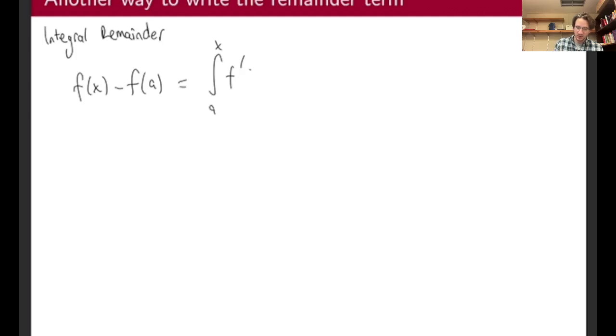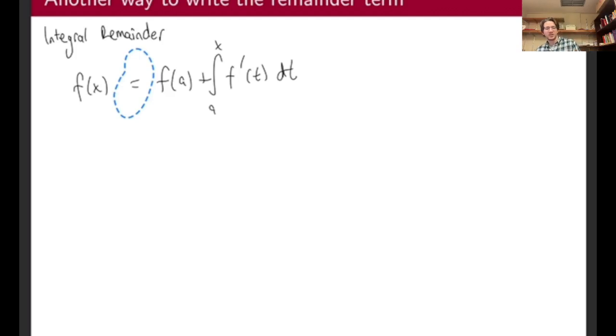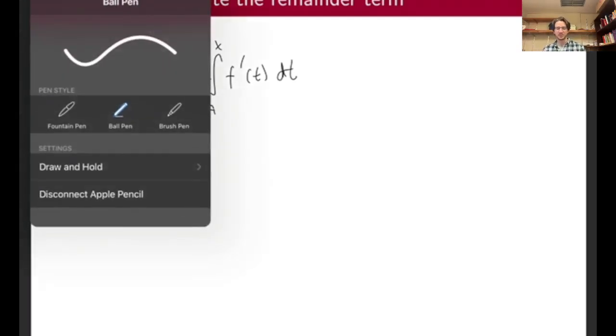I need a dummy variable here. That's the fundamental theorem of calculus right there. Hopefully nothing controversial. So let me move things over: I'm going to add f of a, plus, and then scooch this equals over there. That's just a rearranged version of the fundamental theorem of calculus.